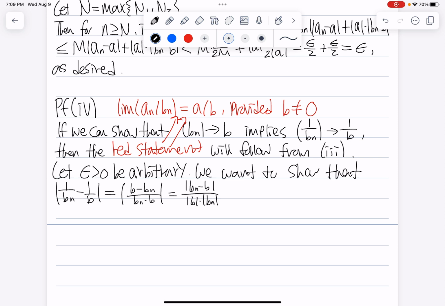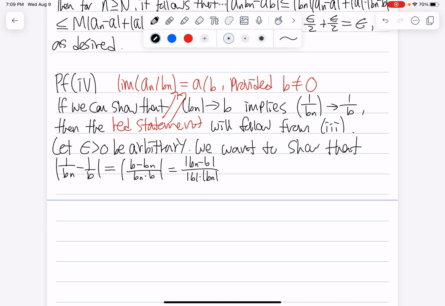On the numerator, we have something familiar. We can make the numerator as small as we want. So we want to deal with the denominator now. The trick here is that now that we have the absolute value of bn as the variable in the denominator, the trick is to look far enough along the sequence.